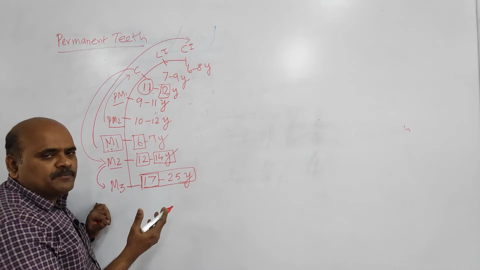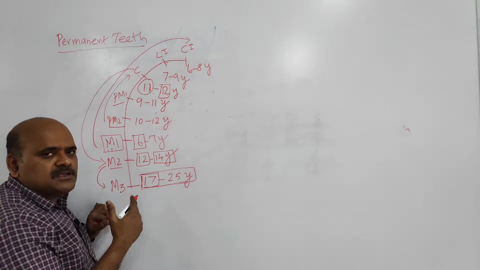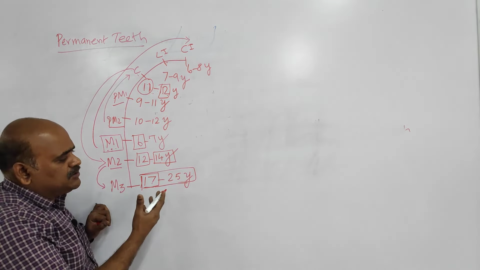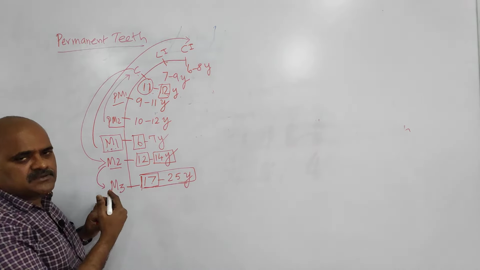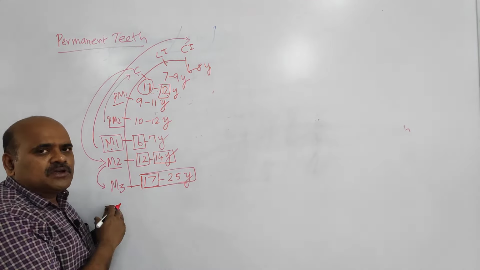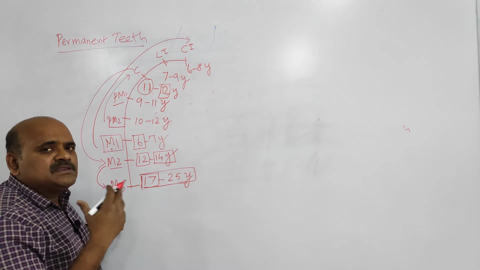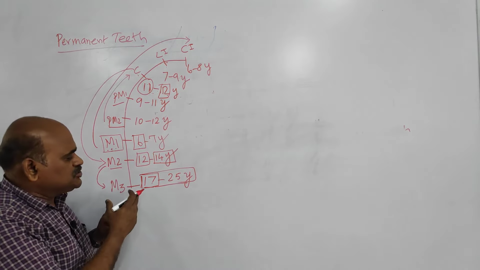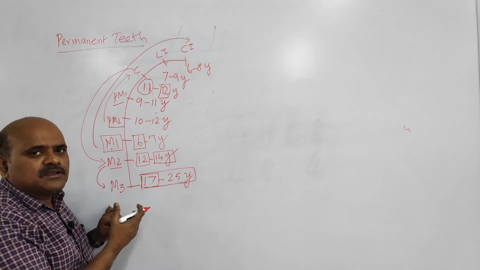That is also common. So since the third molars are not present, we cannot say age is less than 25 years. Similarly, with an impacted tooth, sometimes we cannot see the crown in the oral cavity. So we cannot assume the third molar has not erupted.